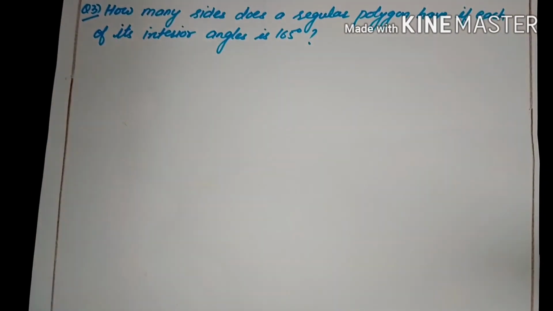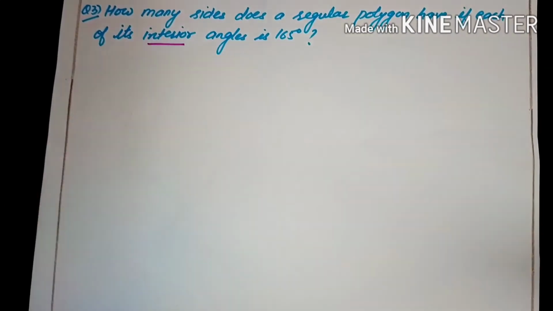Question number 3 now. How many sides does a regular polygon have if each of its interior angles is 165 degrees? Now here we have been given the interior angle, but we have a formula for the exterior angle only.